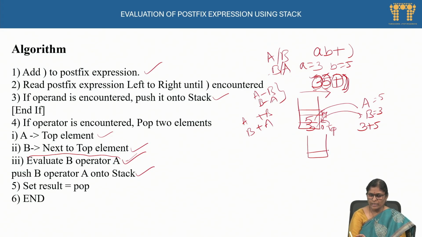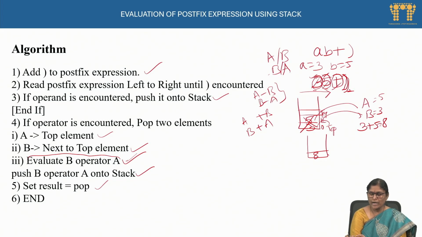So what is the resultant now? These two will be deleted, and now you have only 8. Perform the operation and push the result back onto the stack. Now set the result equal to the top. This is nothing but the result. 3 is scanned, 5 is scanned, plus is scanned.